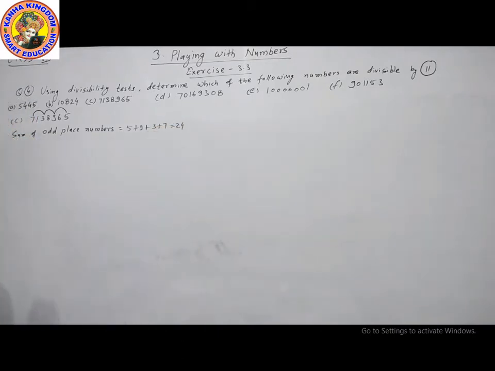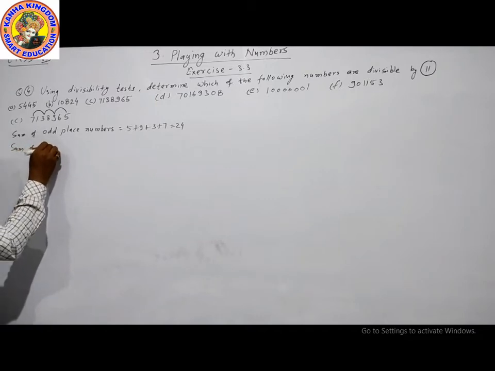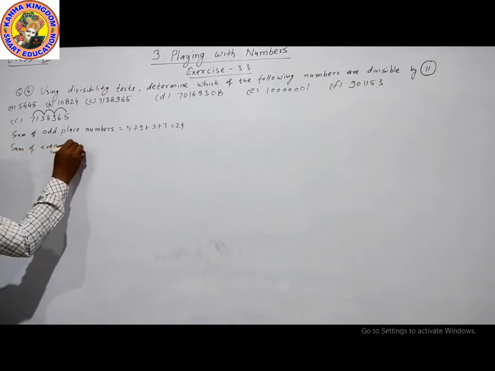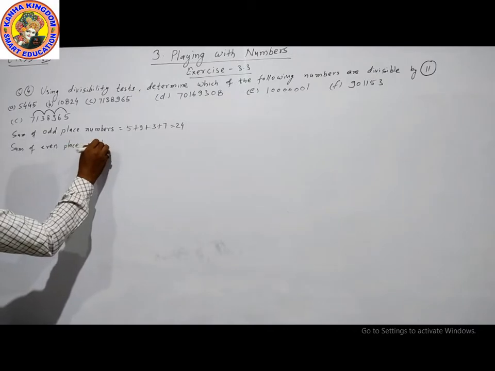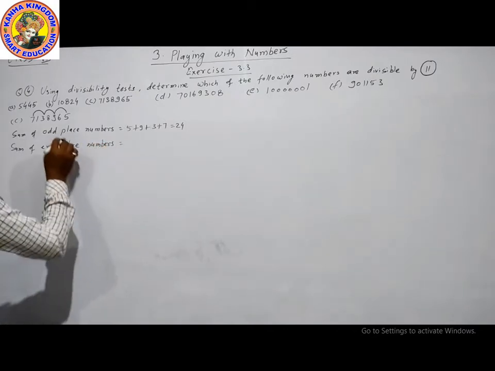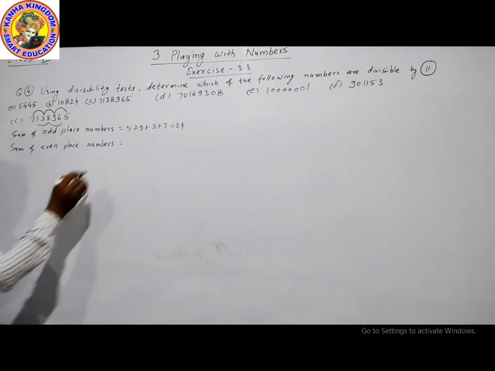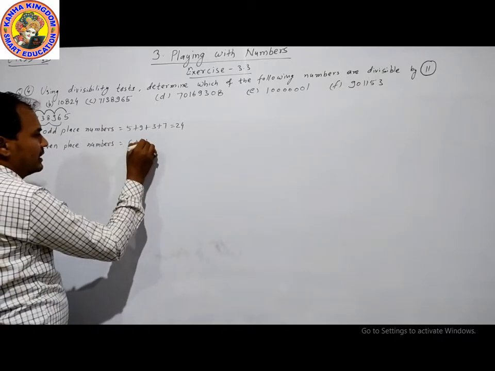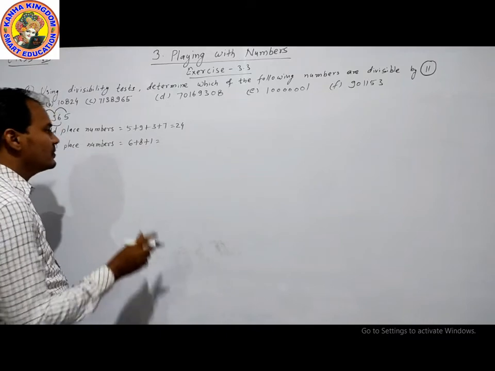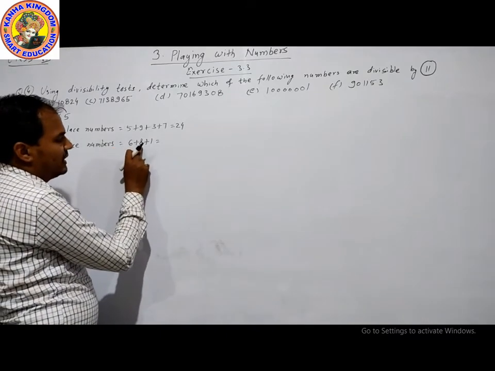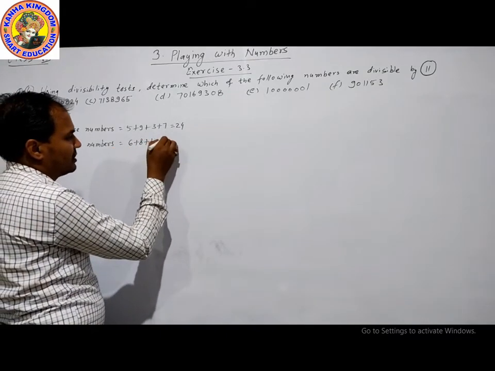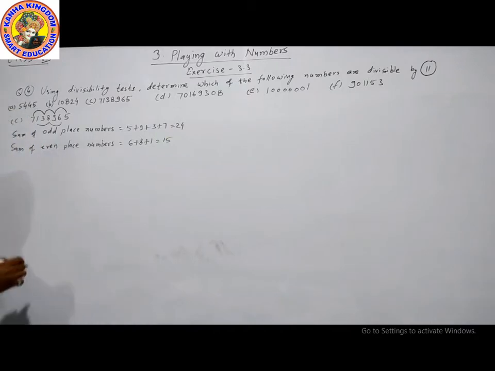This is 24. Sum of even place numbers: 9, 8, 1. 6, 8, 14, 15. This is 15.